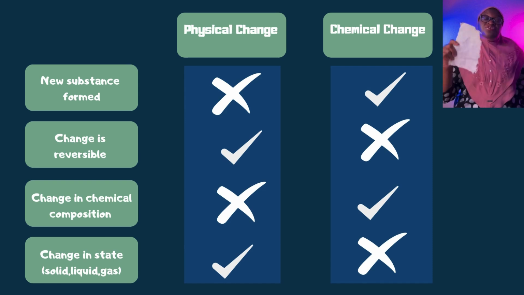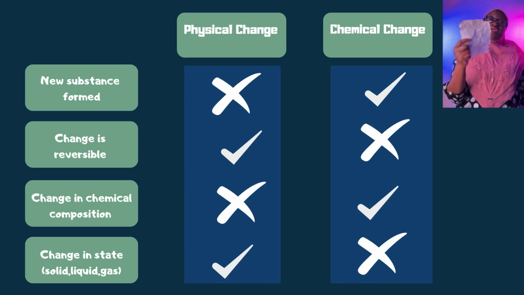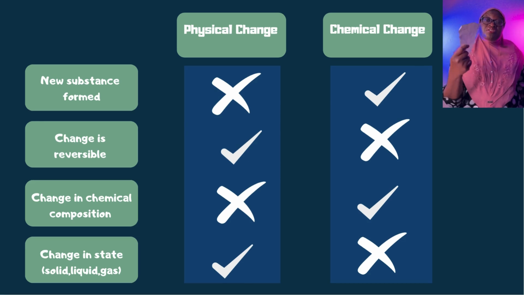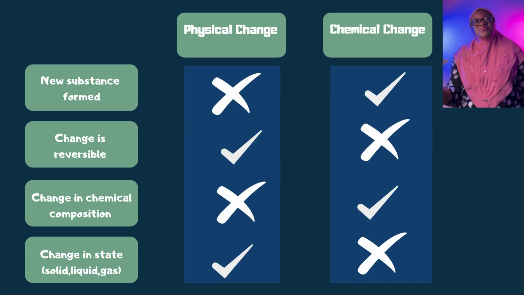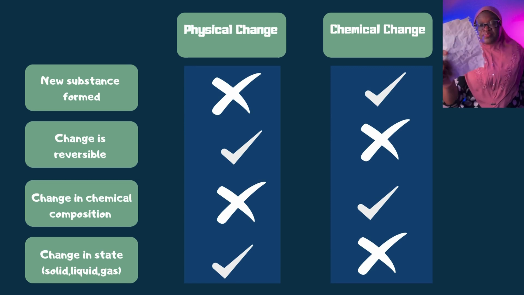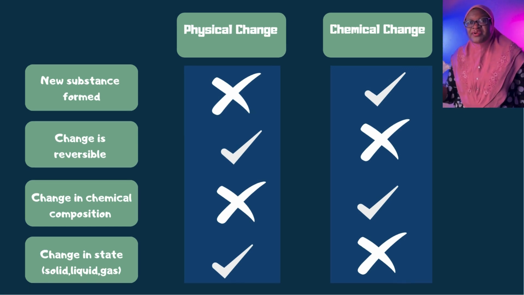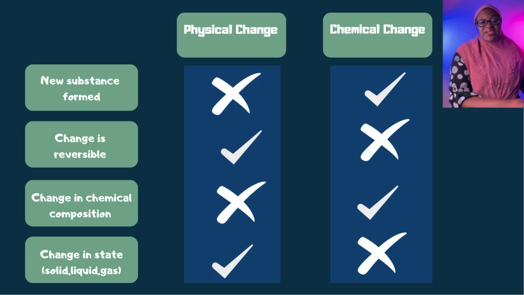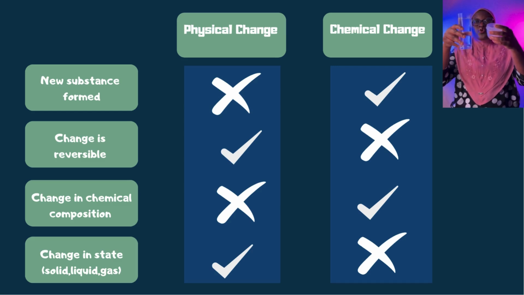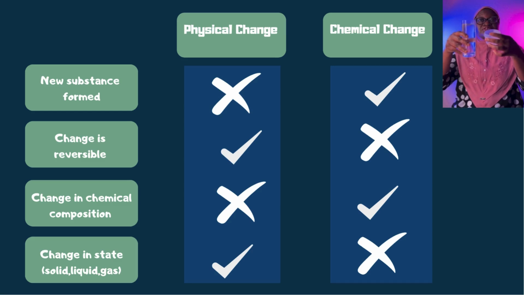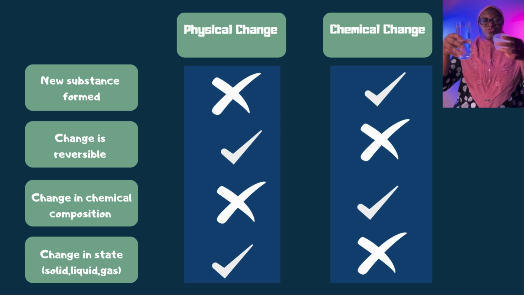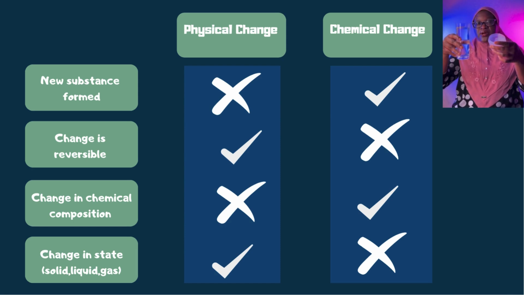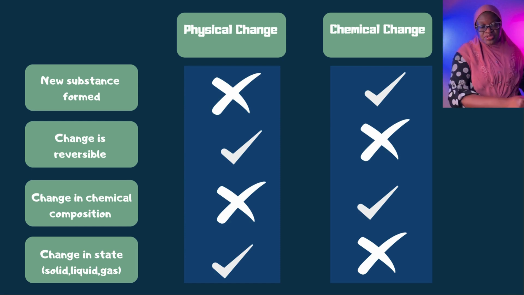Chemical changes change the chemical composition of the material. So the chemical composition of paper changes when it undergoes chemical change by burning, and then it becomes ashes. Ashes and paper have different chemical properties. Whereas in physical changes, there is no change in chemical composition. It's still water, it's still H2O, it's still hydrogen and oxygen in these two samples of water that we're using.